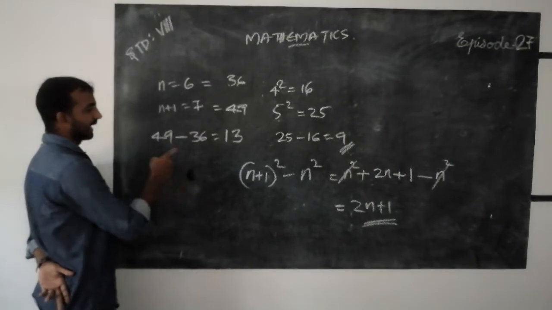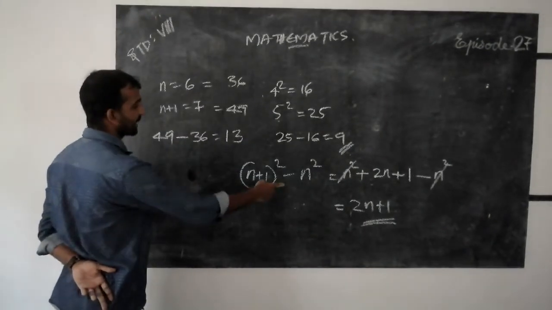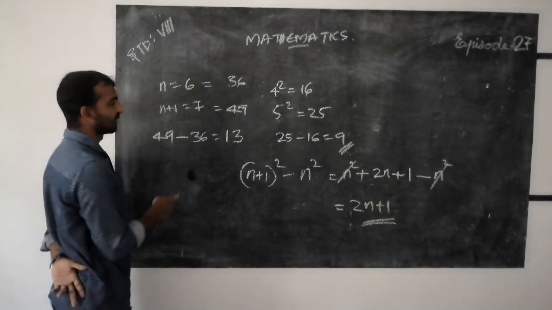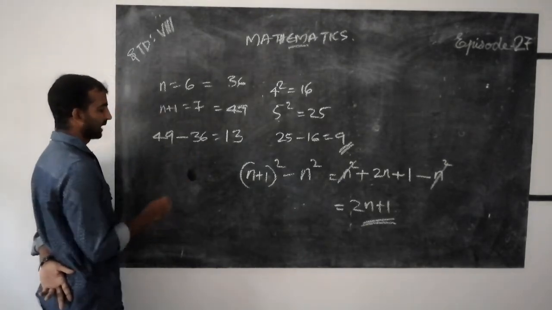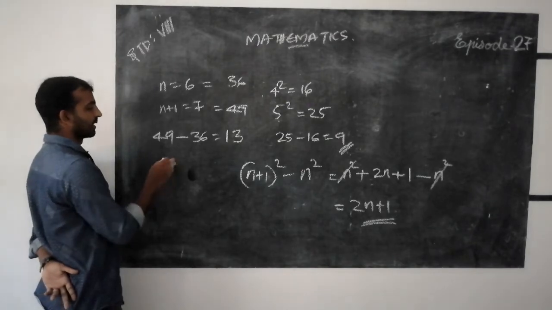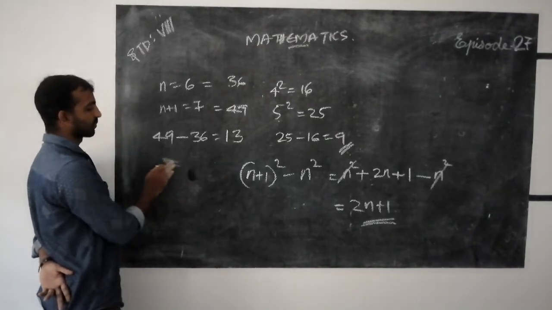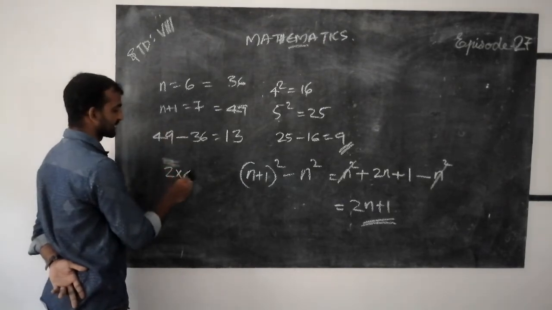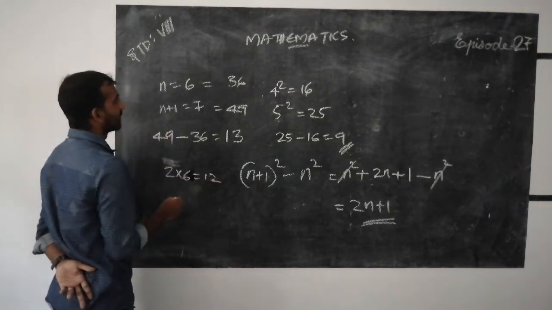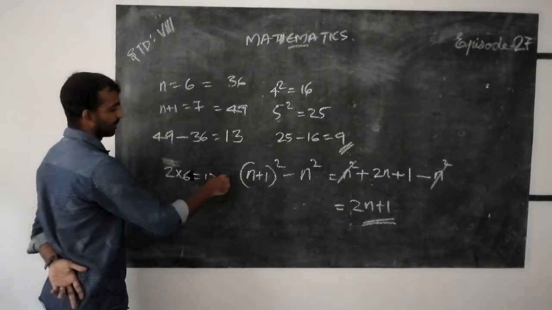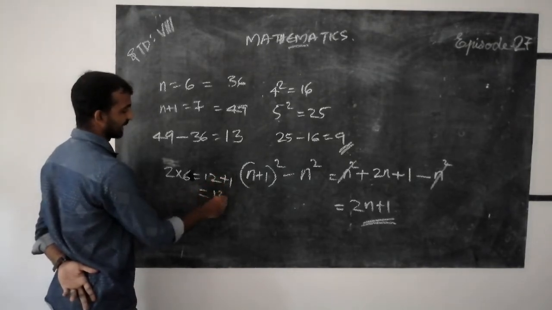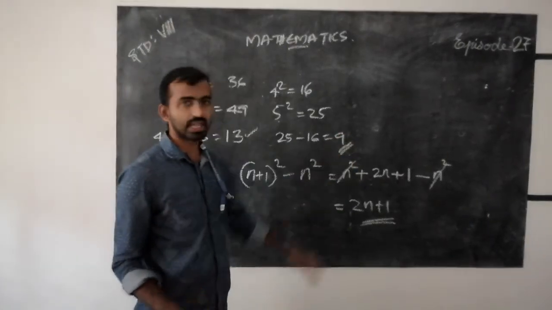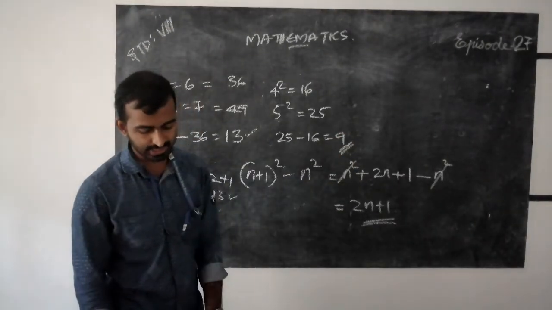That is (n plus 1) whole square minus n square equals 13, that is equal to 2n plus 1. n is 6, that is 2 into 6, we get 12 plus 1, that is 13. These answers are the same.